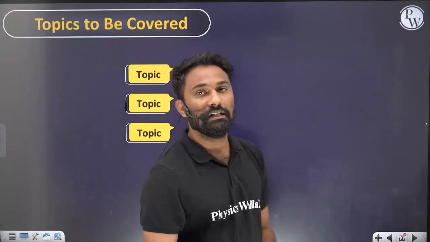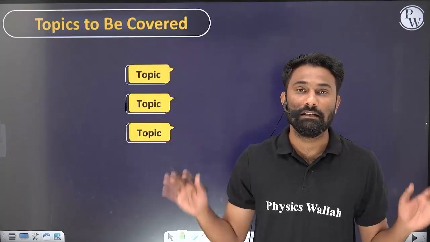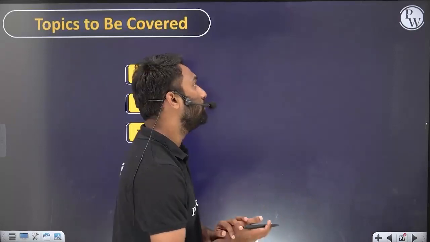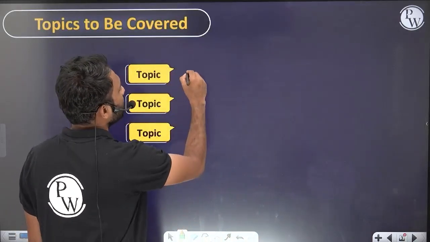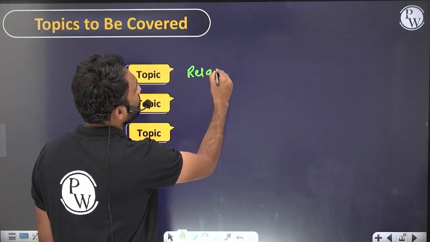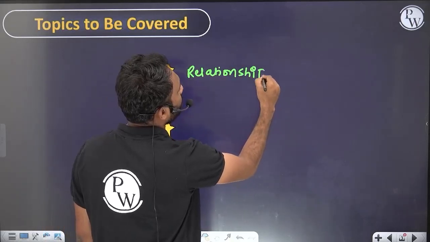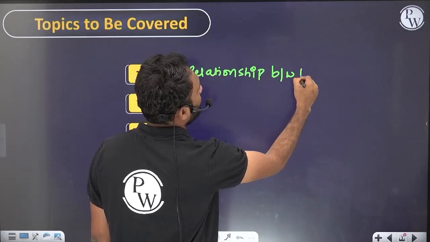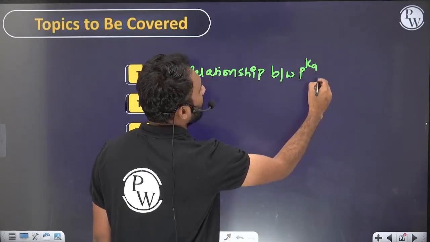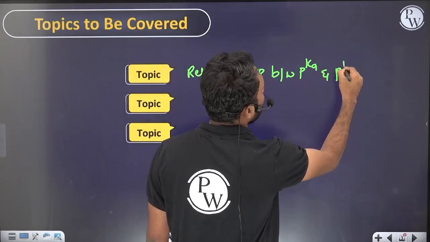Topics to be covered in this class. Now, what are the topics we are going to cover in this class? First, the relationship between pKa and pKb.